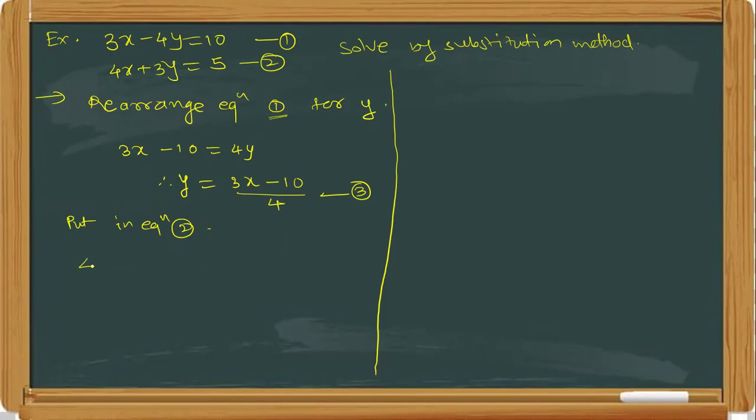4x plus 3 in bracket 3x minus 10 upon 4 equals 5. Now simplify it further. It's like 4 upon 1 x plus 3 upon 4, 3x minus 10 equals 5.